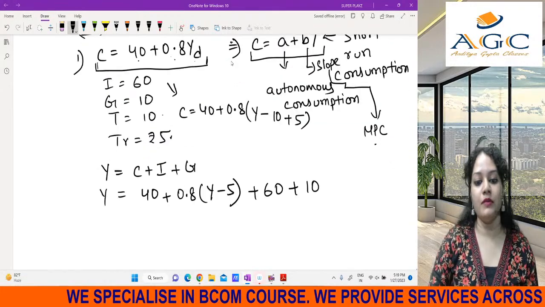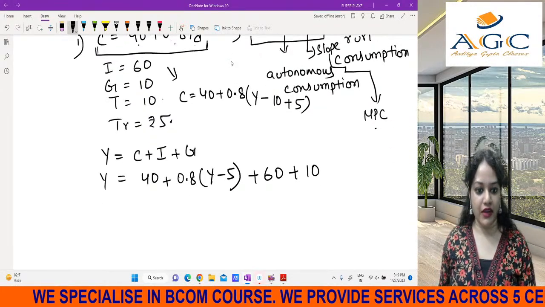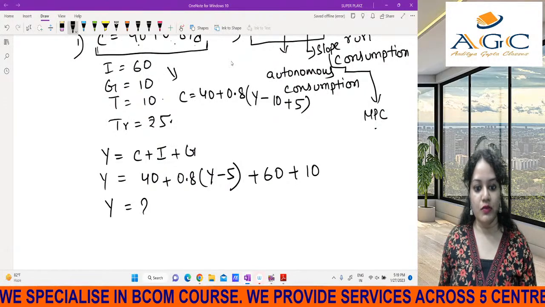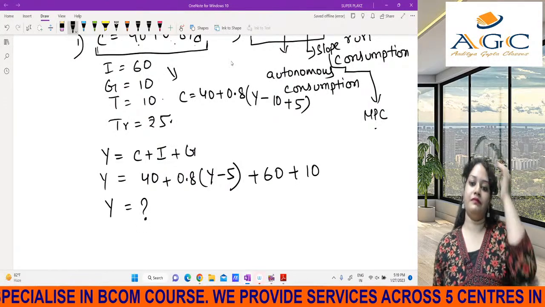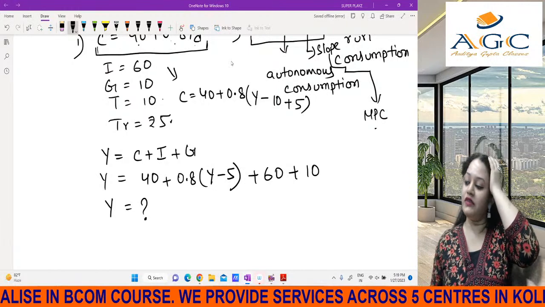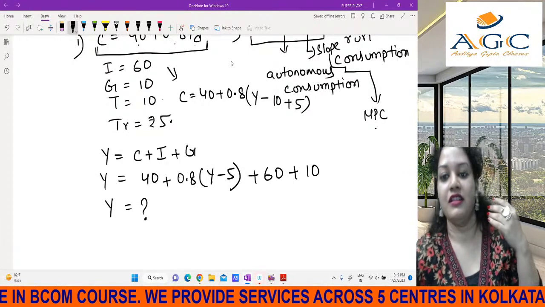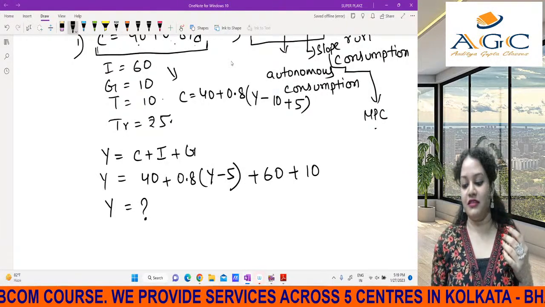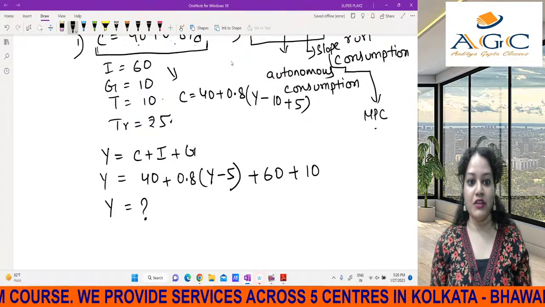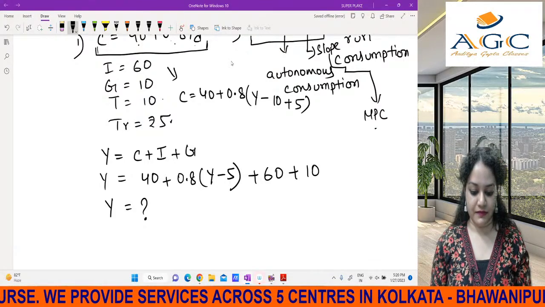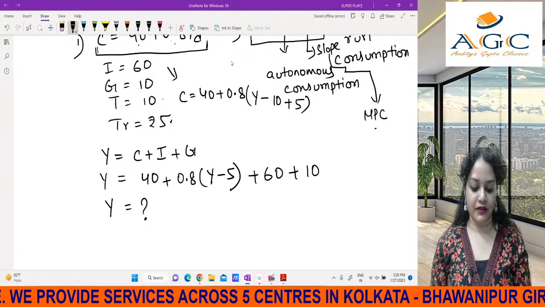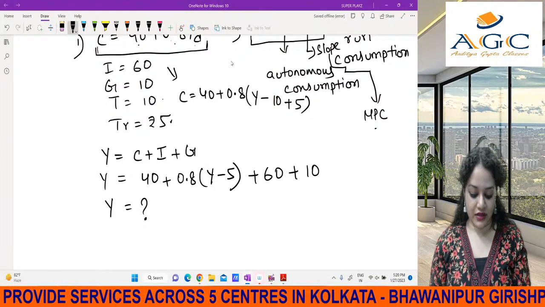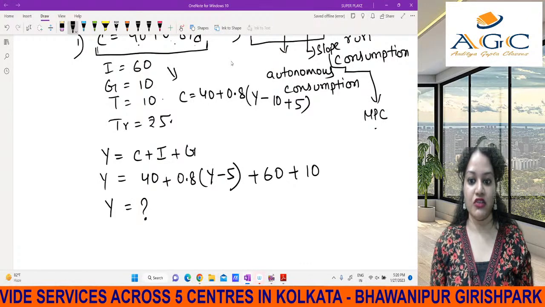What do we have to do from here? We basically have to find out our Y. So what would be the value of Y? Solve it and let me know. Everybody just solve the sum. Solve the sum and let me know in the comment section.